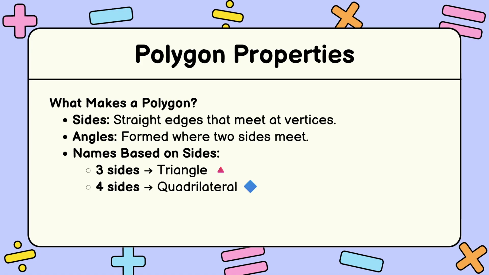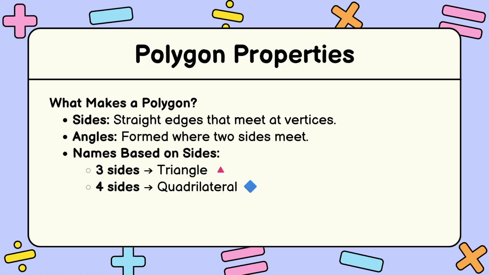Let's dive into the properties that define a polygon. Firstly, polygons are made up of straight sides. These sides meet at points called vertices. This is a fundamental characteristic of all polygons.